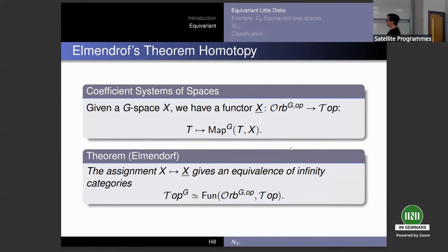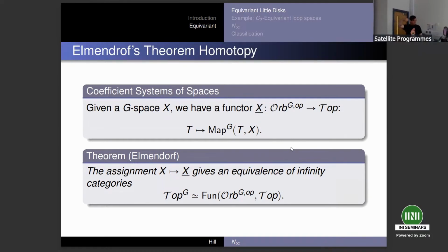Let me pause here for a second, because if I had an orbit G mod H, then to give myself a map out of G mod H into a G space X, since the group is acting transitively, you just have to tell me where one of the points goes. And G mod H has a preferred element, namely the identity. I know they're all the same, it's transitive, but some are more equal than others. And so I ask, where does the identity go?